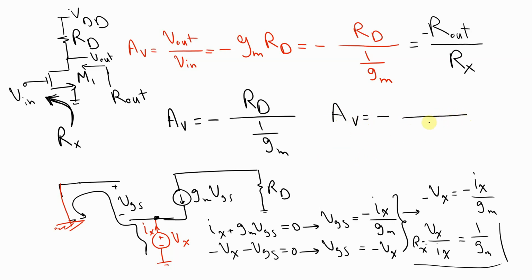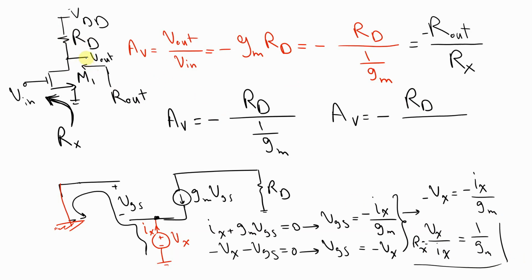What is R out in this scenario? Well, here again I have RD, but in this scenario there is an R drain source of the device between drain and source of this device.